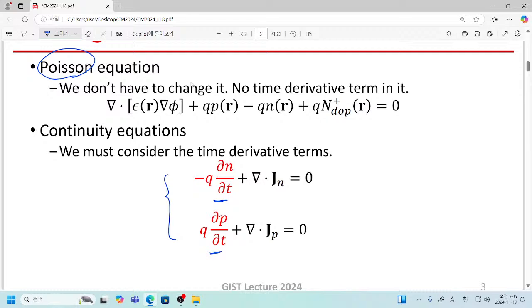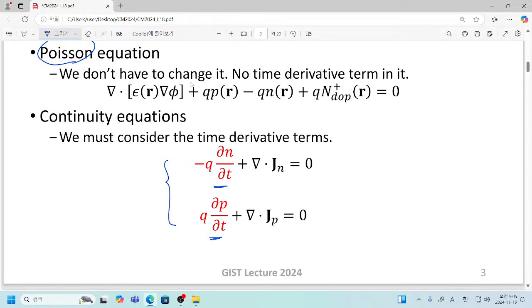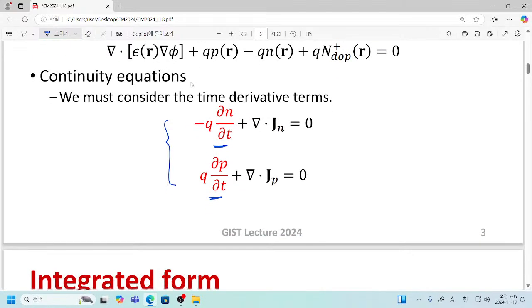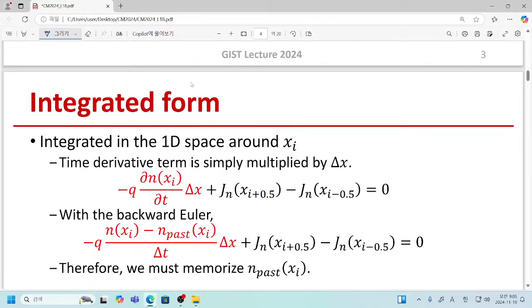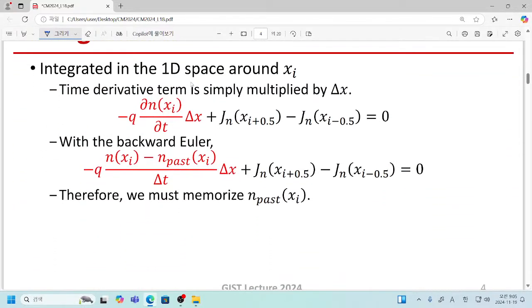Yes, we know it. And how can we treat it? Yes, we have already seen it before. Now this time dependency can be expressed in this form. You understand this is obtained with the backward Euler scheme.